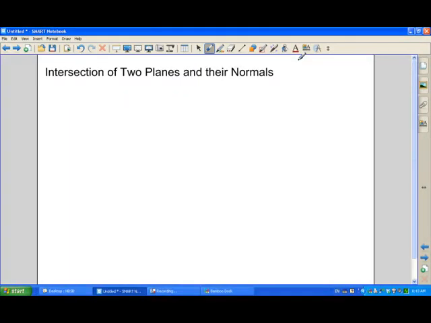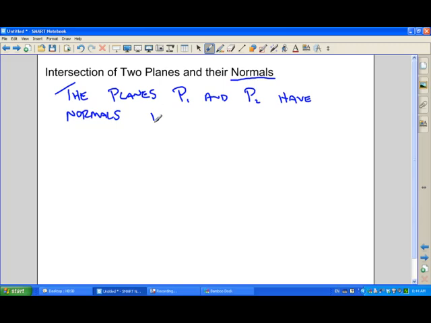So when we're working with planes, trying to see how the planes intersect, we want to really start by looking at the normals of the planes. So we can say that the planes P1 and P2 will have normals N1 and N2.